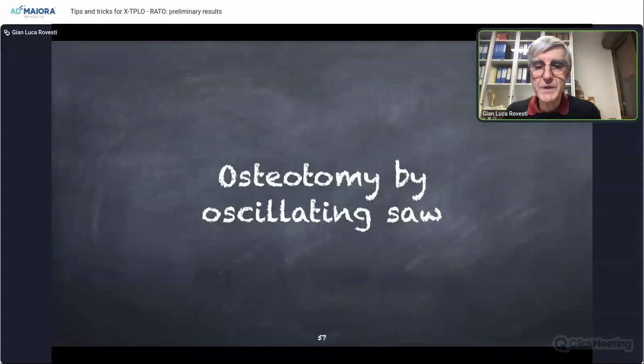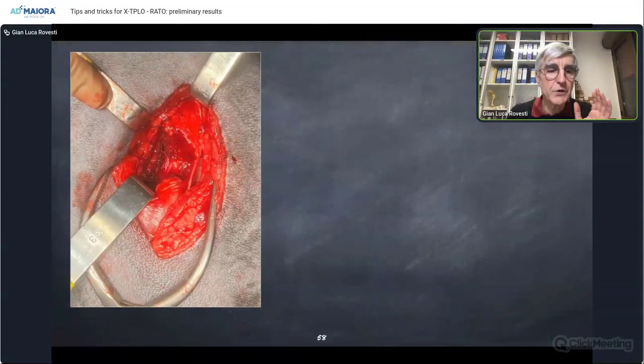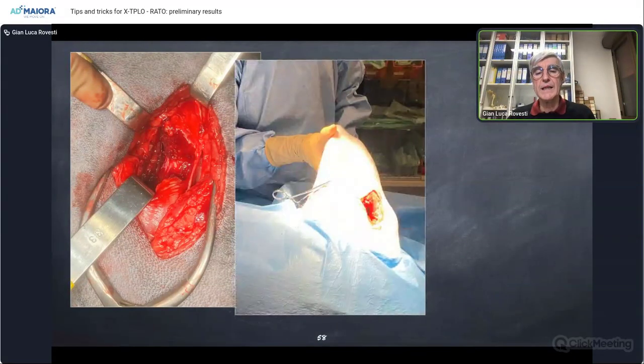We can perform the osteotomy with an oscillating saw, of course, and in order to proceed, we should be aware of what the sagittal plane of the femur is. Not always easy. So we should hold the limb like for femoral head and neck excision in order to appreciate the sagittal plane of the femur.